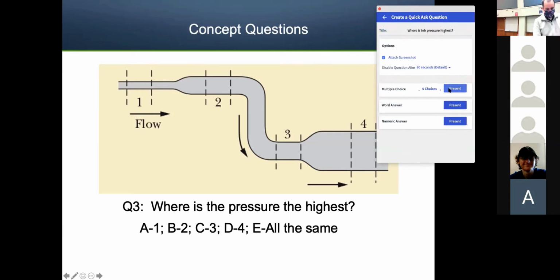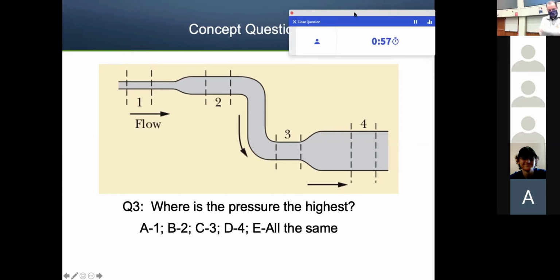You've got 5 choices. 30 seconds left. 10 seconds left.